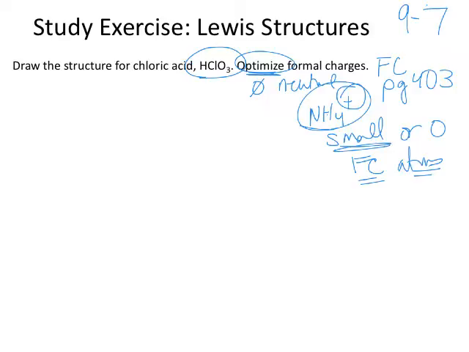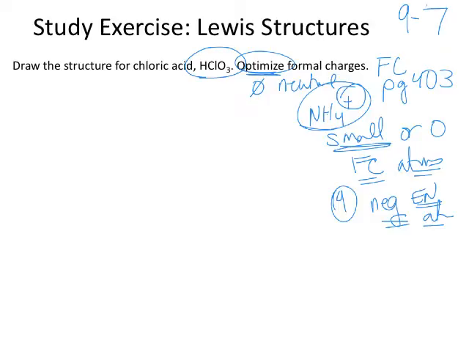The smaller they are, the better. And the fourth rule is when formal charges cannot be avoided, the negative formal charges should reside on the most electronegative atom.